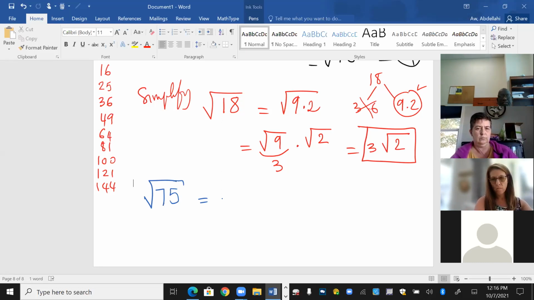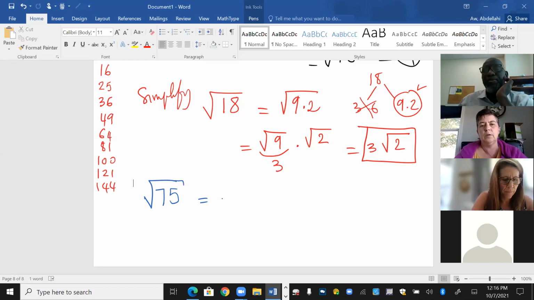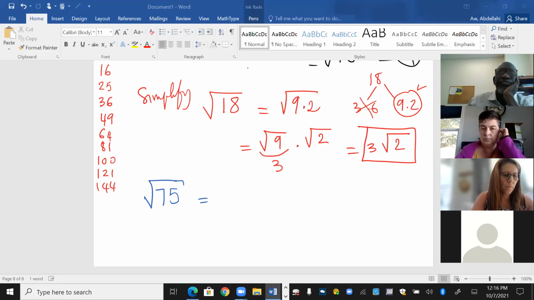All right, so tell me, what is the best way to break down 75 so it can help us? 25 and 3, the square root of 25 and the square root of 3. Exactly, 25 and 3.